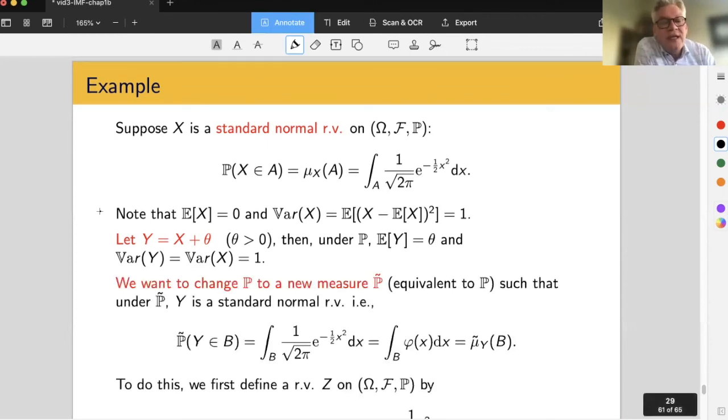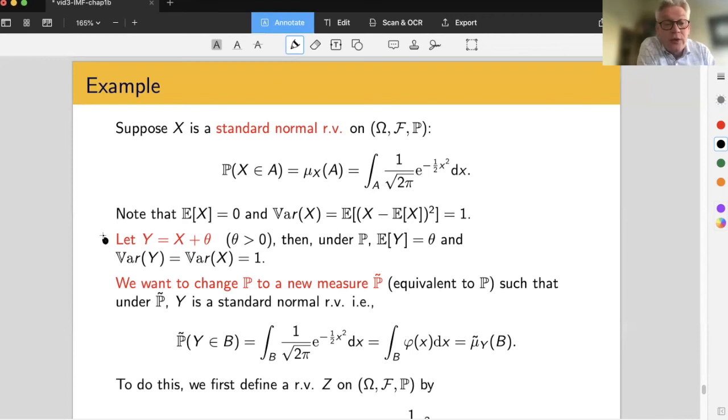Now we want to change from P to a new measure, P tilde, which is then equivalent to P, such that under P tilde, this changed Y is a standard normal random variable.